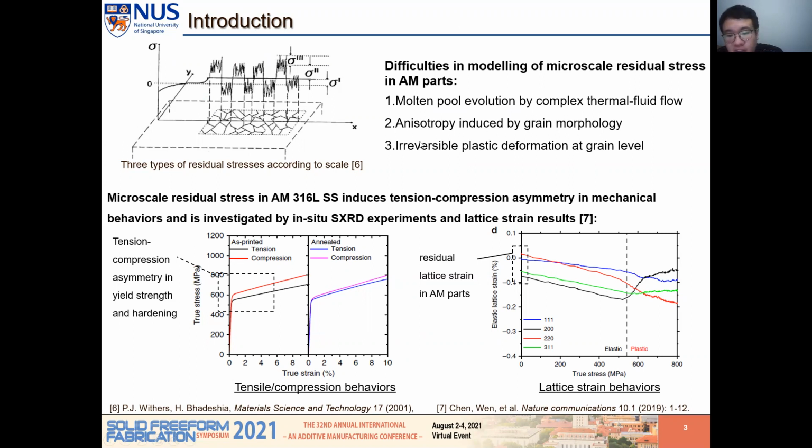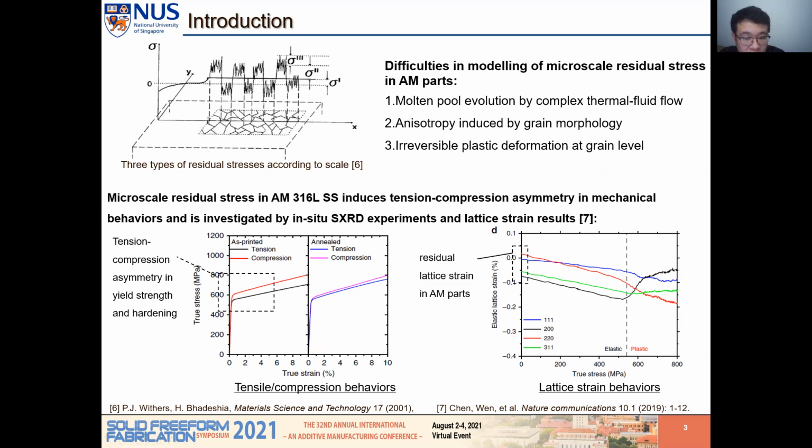However, there are some difficulties in simulating AM parts. For example, the molten pool evolution should be captured accurately by complex thermal fluid flow simulations, and the anisotropic plasticity of grains should be taken into consideration at this scale. So we are aiming at simulating this.